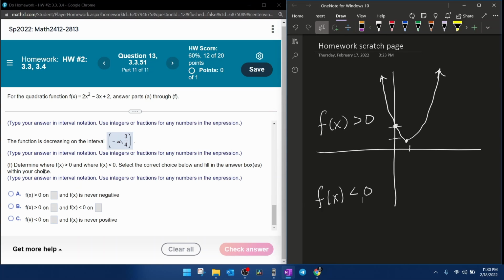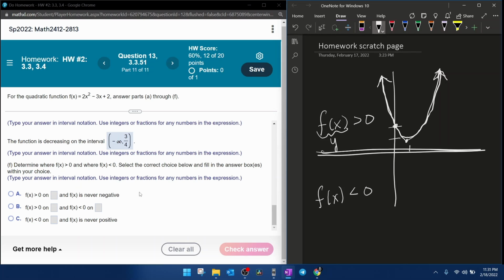Next, for part F, they want us to determine where f of x is greater than 0 and where f of x is less than 0. So we're going to have to select the correct answer choice. If you look over here at the graph, remember that f of x is y. So what we notice from our graph is that the entire parabola occurs above the x-axis.